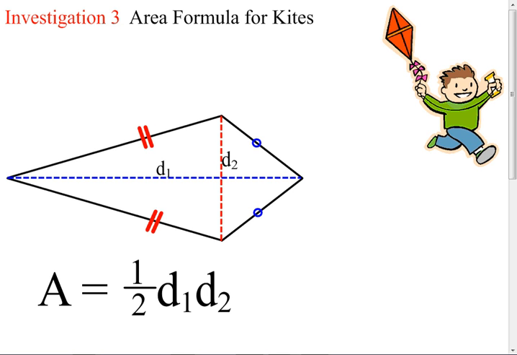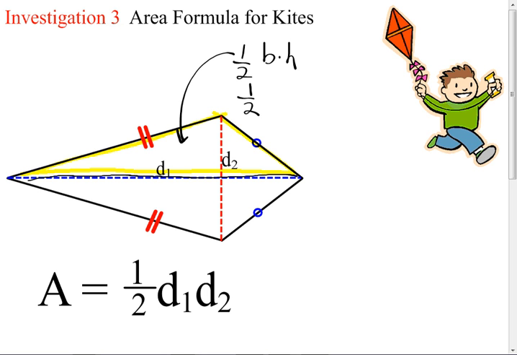So what I'm going to do here is find the area of this triangle, because I can, and that is, for the yellow triangle, 1/2 base times height. What's the base of my yellow triangle? It's this length, which is the length of what? Yeah, what's it called?